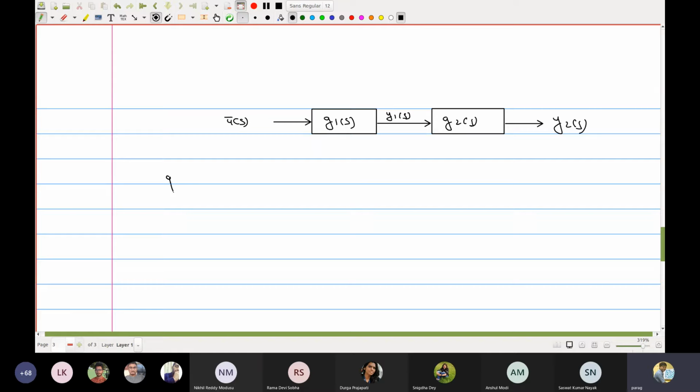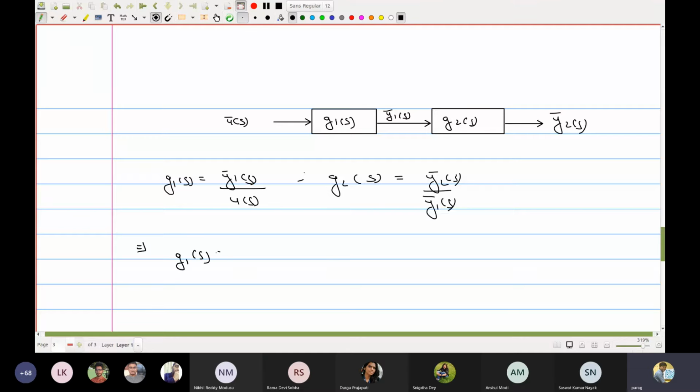Now I can write G1 of S as Y1 bar of S by U bar of S, and G2 of S would be equal to Y2 bar of S upon Y1 bar of S. But then what happens if I multiply these two?